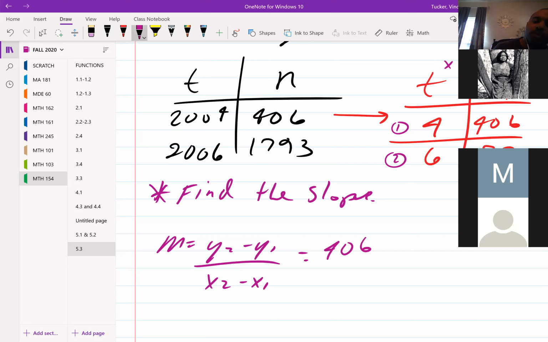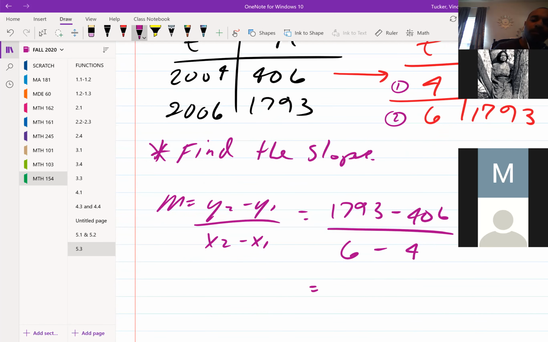So that's 406. I'll stick with the 2. Let's go 1793 minus 406 over 6 minus 4. 1387 divided by 2, 693.5. So that's the slope.